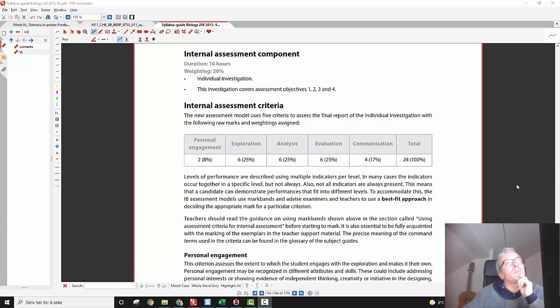So when you do your real IA, this was just a mock IA from a practical, which is obligatory in the biology IA course, but when you write your final IA, the most important thing for you to remember is that everything you do has the purpose of answering the research question.